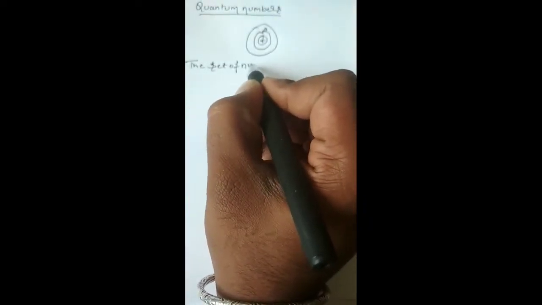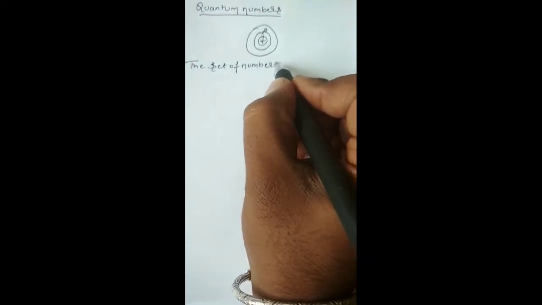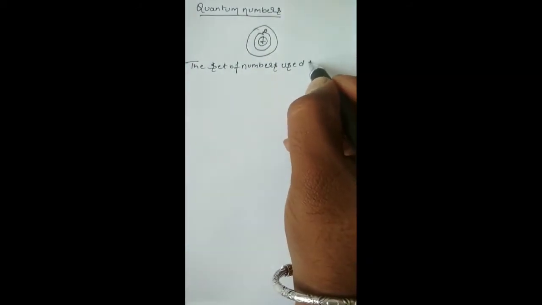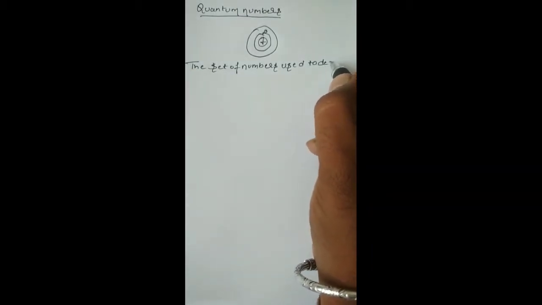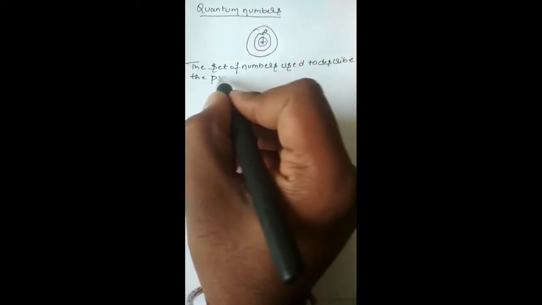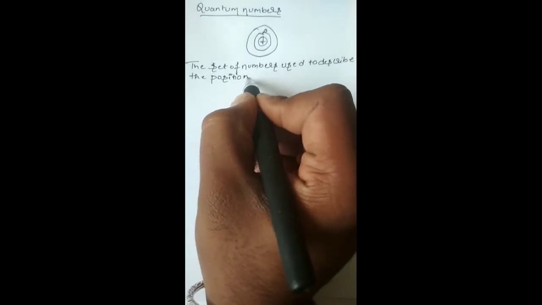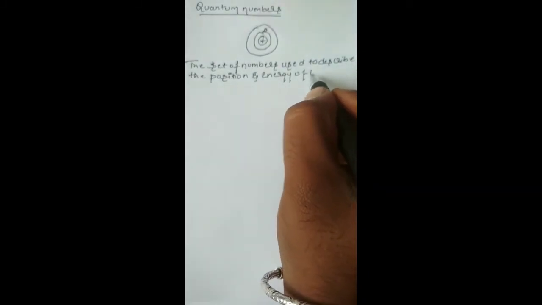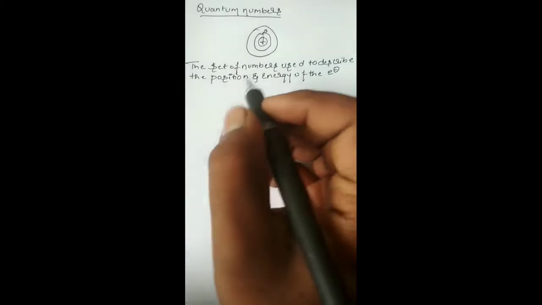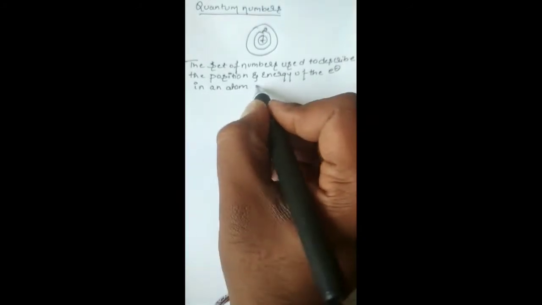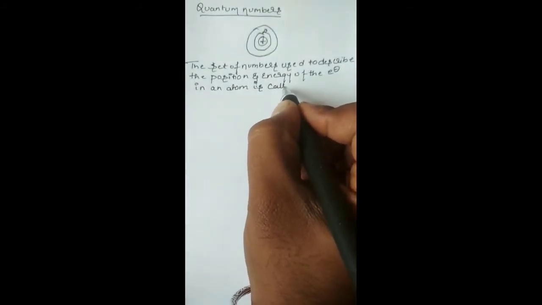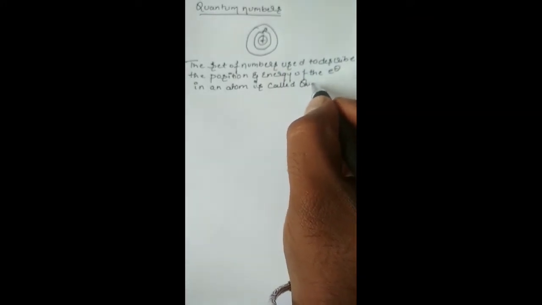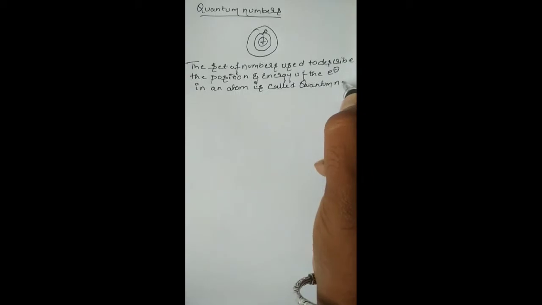A set of numbers used to describe the position and energy of the electron in an atom is called a quantum number.